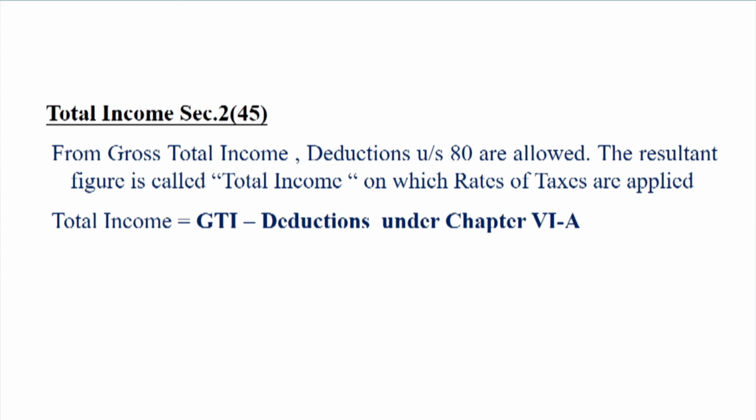If these deductions are deducted from gross total income, then the resulting value is treated as total income. यानी टोटल इनकम फ्रॉम ग्रॉस टोटल इनकम, deductions under Chapter 6A are allowed. The resultant figure is called the total income on which the rates of the taxes are applied. मैंने बात किया रेट ऑफ द टैक्सेस में ओल्ड टैक्स रिजिम, न्यू टैक्स रिजिम. Thank you.